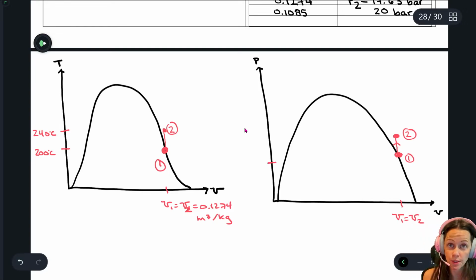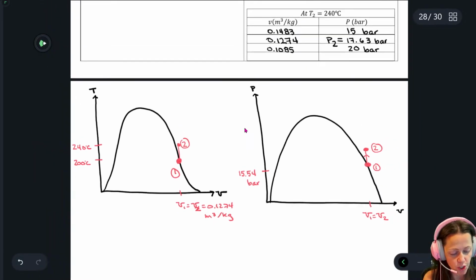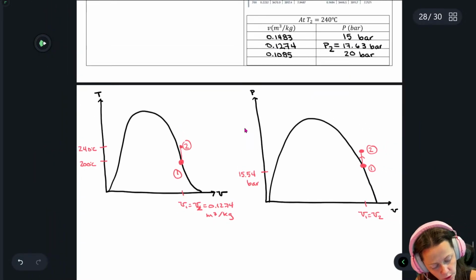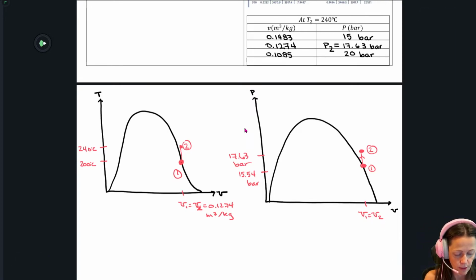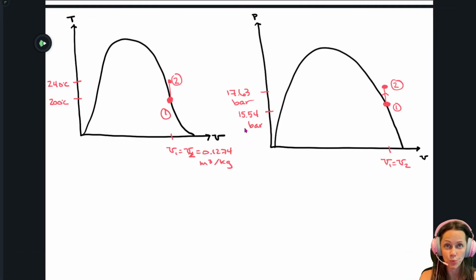P1 was the saturation pressure at 200 degrees Celsius, which we found to be 15.54 bar. And then we just interpolated and saw P2 is 17.63 bar.